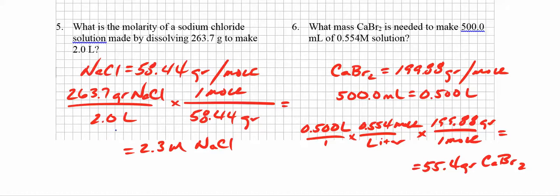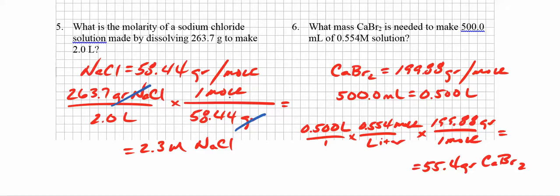Now remember, it's not in the right unit. Molarity is not grams per liter, it's moles per liter. But it's a place to start. So I'm going to say 263.7 divided by 2.0, and I'm going to multiply that by the molar mass of the sodium chloride, which I've already determined to be 58.44. That allows me to cancel this with this, and now I'm going to have the unit that I want, which is moles, right?